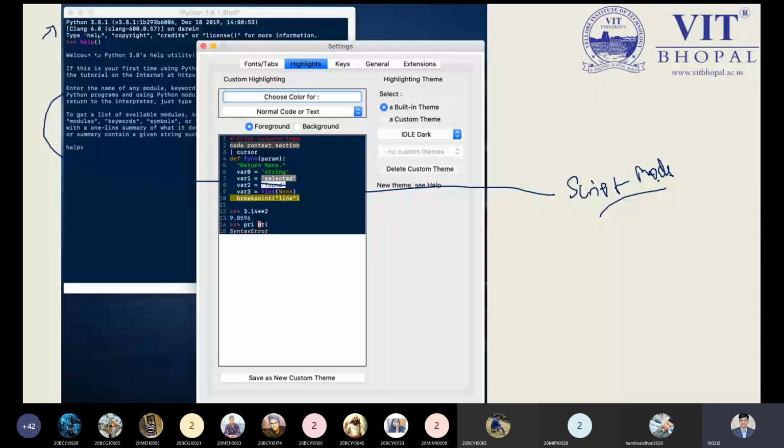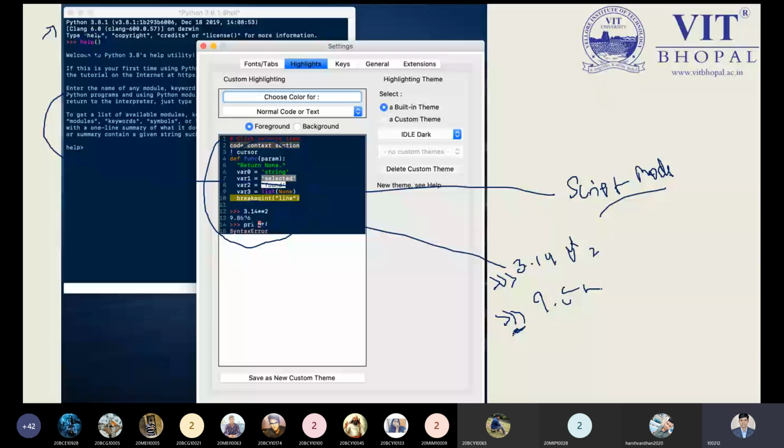Now you can see everything over here. See, the user is trying to get 3.14 to the power of 2, and he will get the result 9.8576, something like that. This is done by a prompt known as the Python prompt, which is three greater-than symbols. At this prompt he can write his code, and that is known as a script.